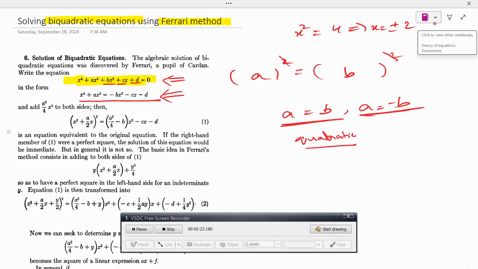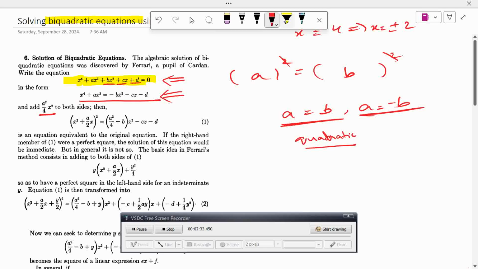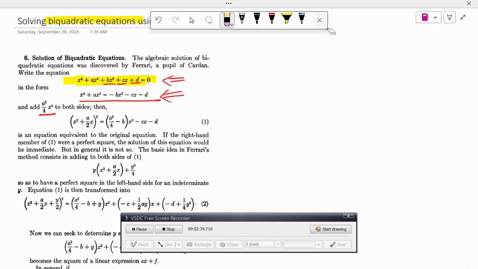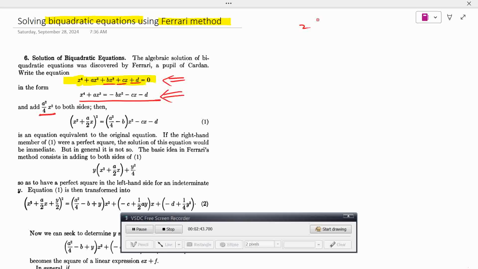So first we will add a square by 4 into x square. Why are we adding this term?